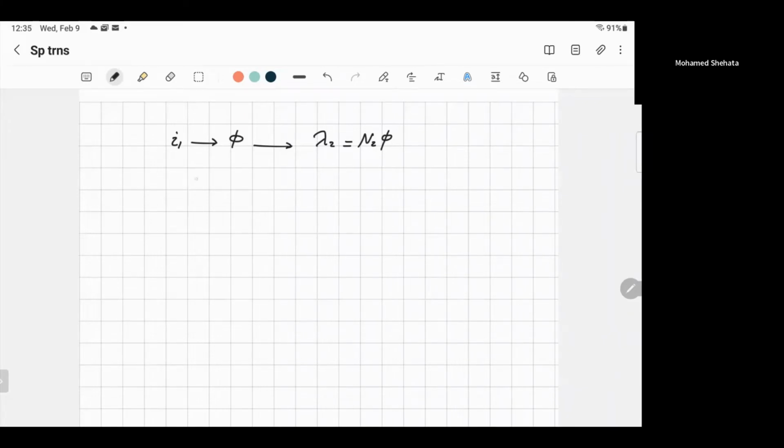So phi, in general a function of time, will be its maximum value times sine omega t. Get it? What's omega? Omega is 2 pi f. What's f? It's the frequency. Frequency of what? Frequency of the current. What is the frequency of the current? It's the frequency of the voltage supply, V1.